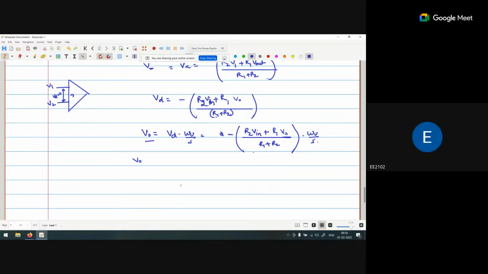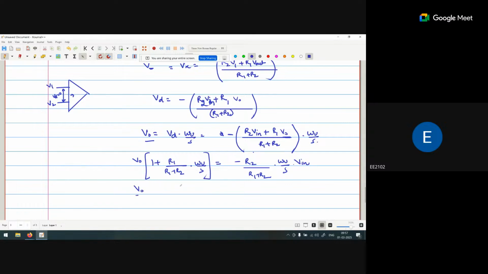So can I take this V naught term to this side? So V naught times 1 plus R1 upon R1 plus R2 times omega U by S is equal to minus R2 upon R1 plus R2 times omega U by S times Vi.